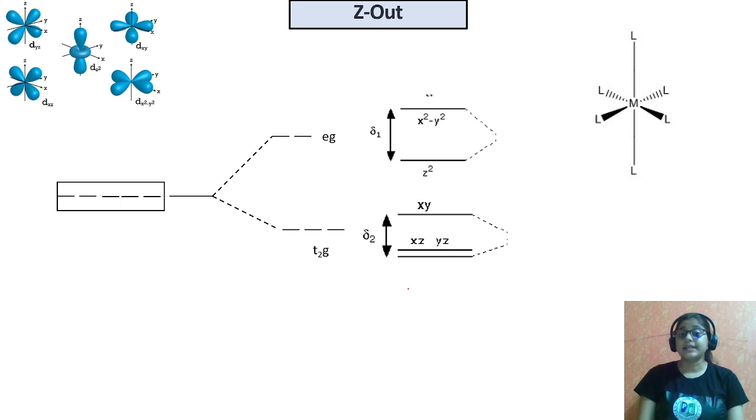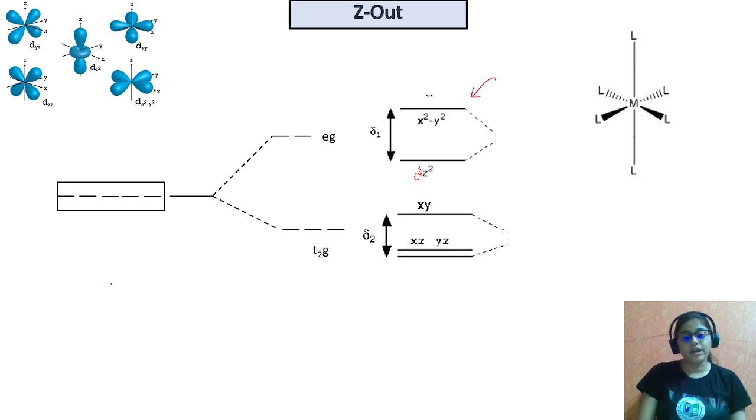You have to remember that the dz square orbital will be less in energy than the other EG orbital. Let's say this gap is delta 1. So dz square has a little less energy, and dx square minus y square will have the highest energy among all.